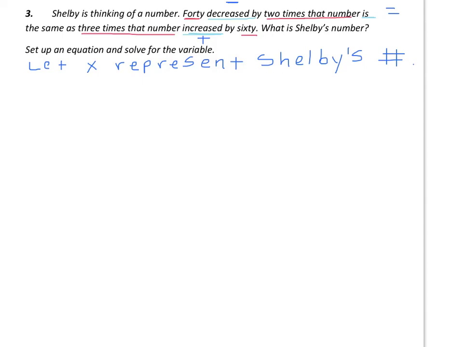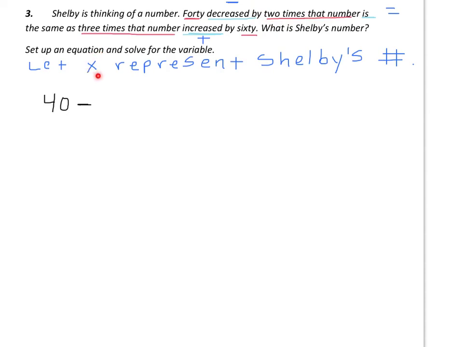So then I'm going to start writing down the equation. Okay. So 40, that's where we start. 40 decreased, that means I'm going to subtract 40 decreased by 2 times that number.